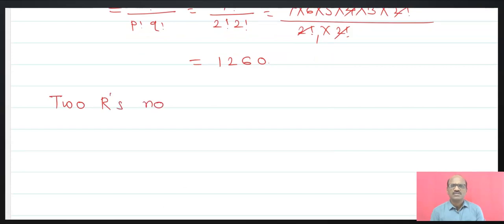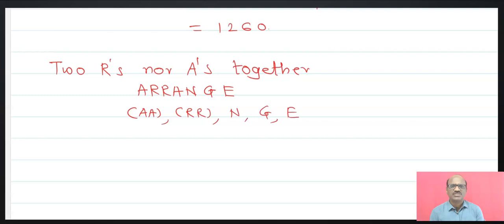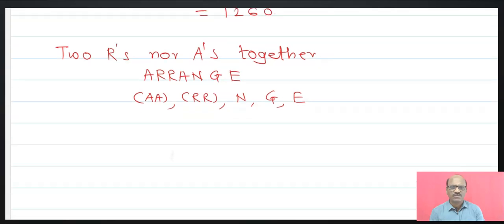Now two R's nor two A's together. Arrange AA, RR, N, G, E: 1, 2, 3, 4, 5.